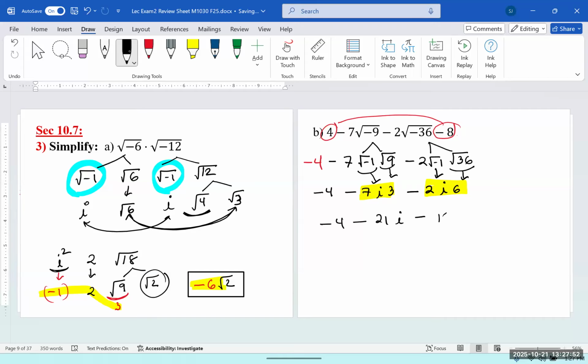Do we have any like terms? 21i and 12i. So they both are negative. That means you have to keep the negative sign and we actually have to add them. So 21 and 12, what do you get? Let me see.